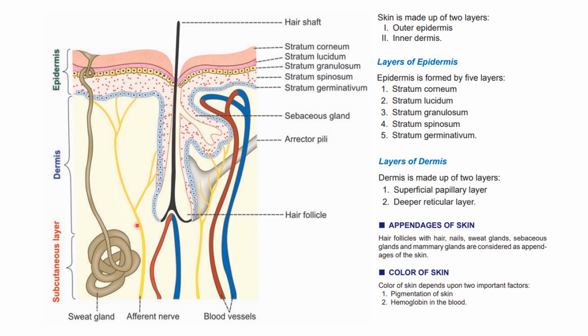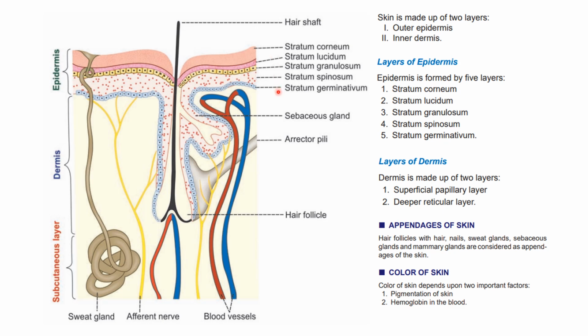See in the yellow, the small capillaries; this is the efferent nerve here, but the small capillaries provide the nutrients to the epidermis, which is the outermost part of the skin.